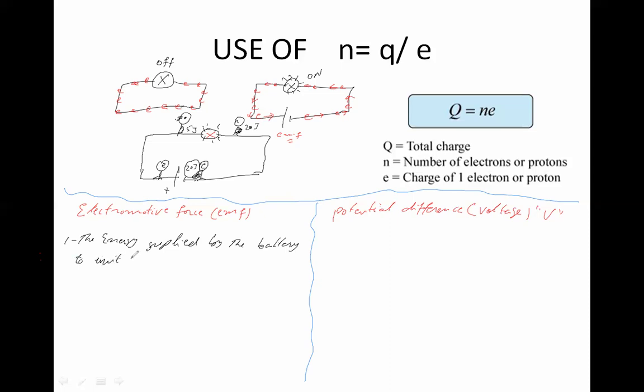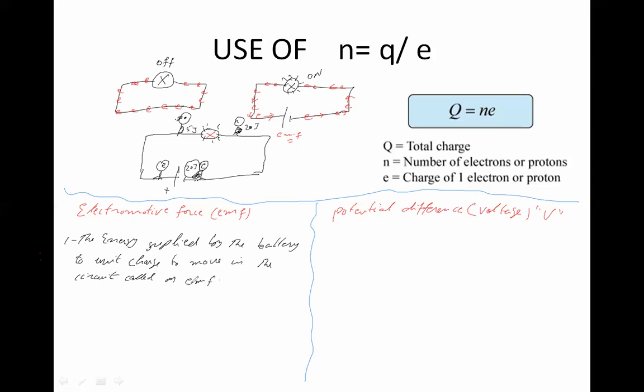Unit charge means electrons. To unit charge, to move in the circuit, is called as EMF.